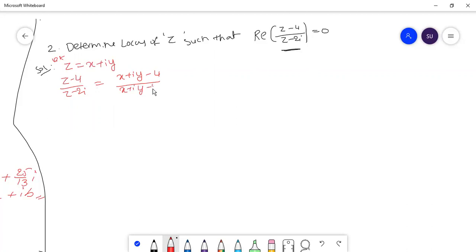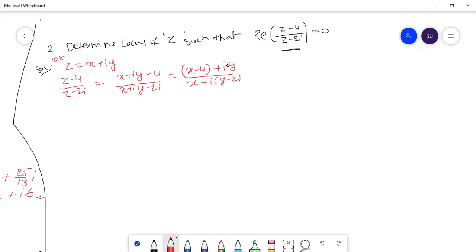Now we simplify the numerator and write the real part separately. x is a real number, minus 4 is a real part, this is the imaginary part. So the numerator is again a complex number. In the denominator, x is the real part, and iy minus 2i, if you take i common, gives i into (y minus 2). Again it is a complex number.